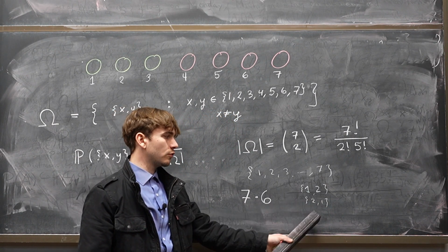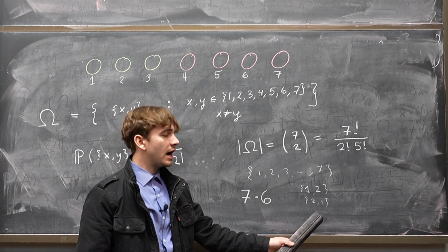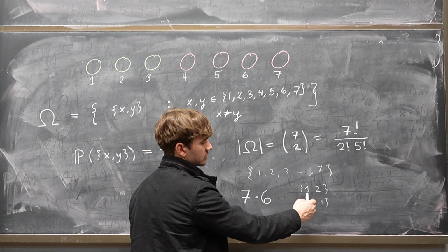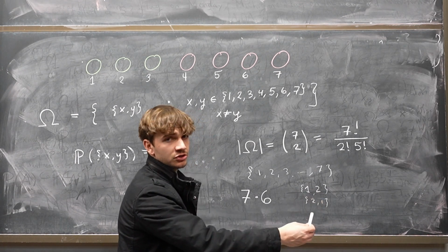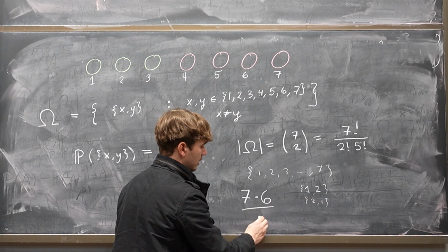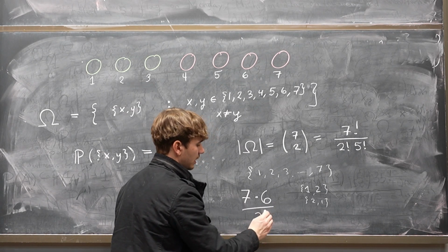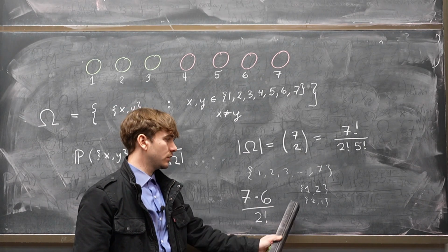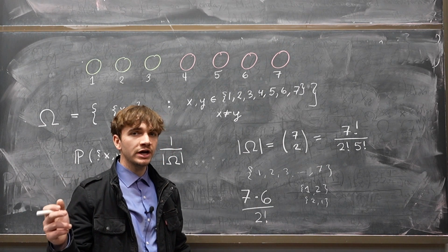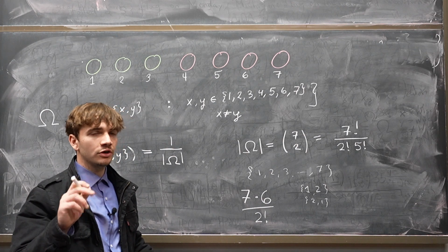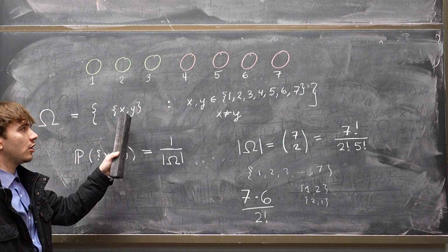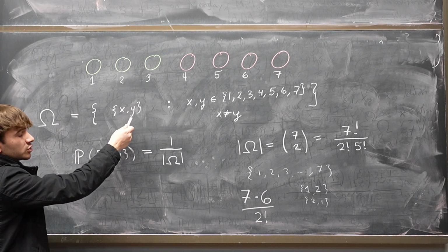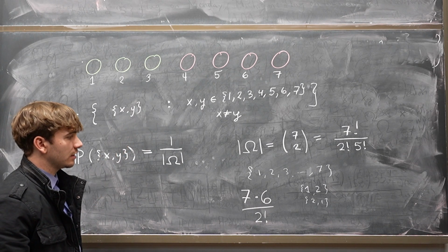So to account for this overcounting, I need to divide by the number of ways to rearrange the set, which is just 2 factorial. Dividing by the 2 factorial allows me to remove the ordering, essentially by allowing all possible rearrangements of any given choice of elements.